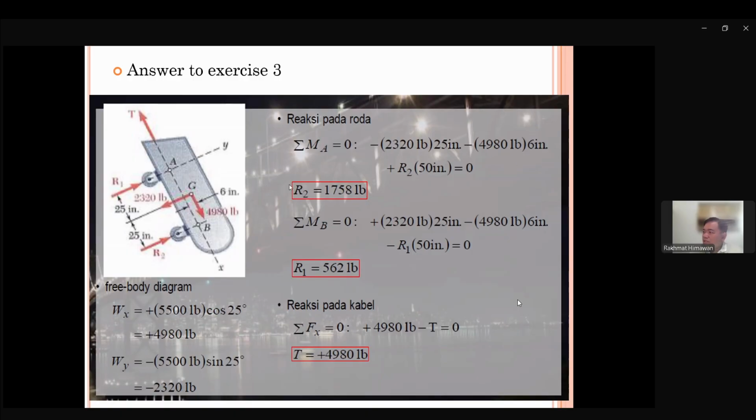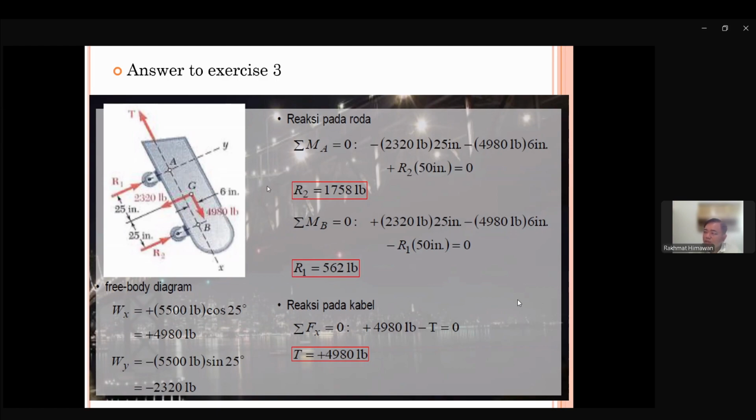So multiply by 6 inch, and it's minus because it is a clockwise rotation effect. And R2 has a distance of 25 plus 25, 50 inch from point A to the line of force of R2.